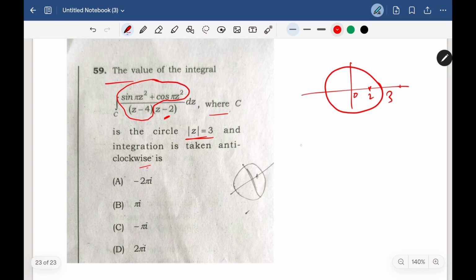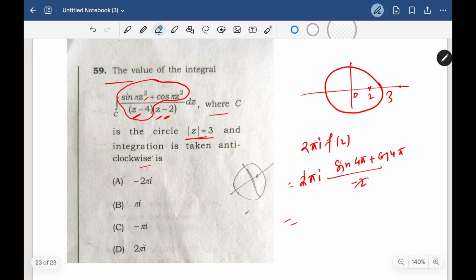So the integral will be 2 pi i times f(2). So 2 pi i times f(2), which will be sin of 2 squared, means 4, sin 4 pi plus cos 4 pi, divided by 2 minus 4, which is minus 2.